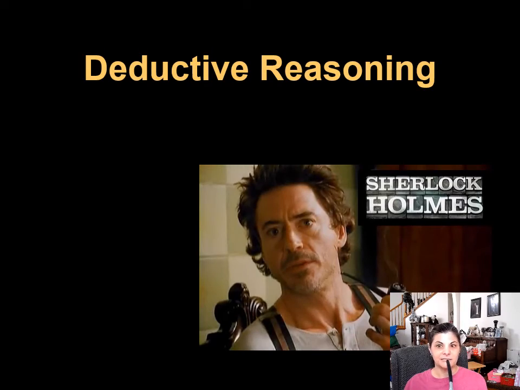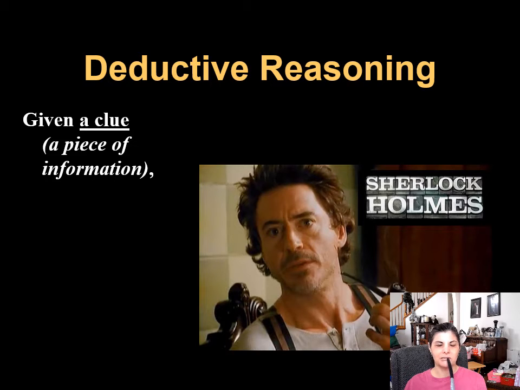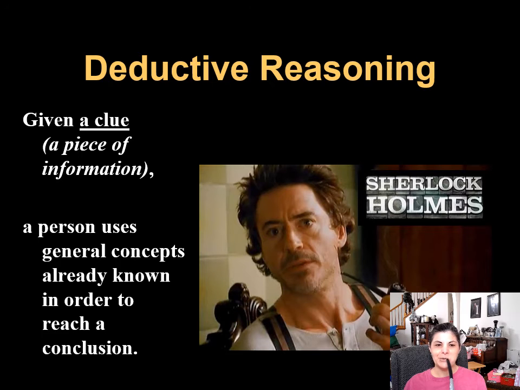Like being a detective. You're given a clue, think about what you know about anything related to that clue, try to come up with a solution. What is the answer? So you're given a clue and use general concepts you've learned over time through school or reading and experiences to reach a conclusion.